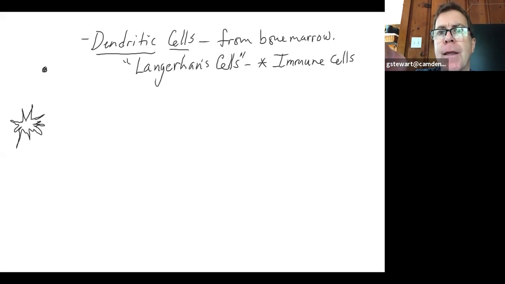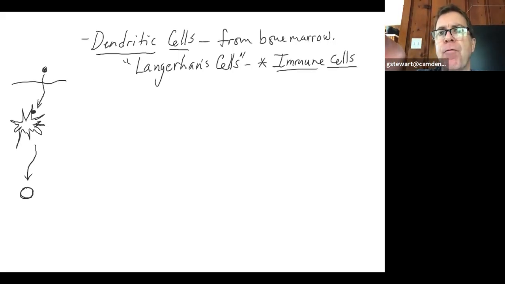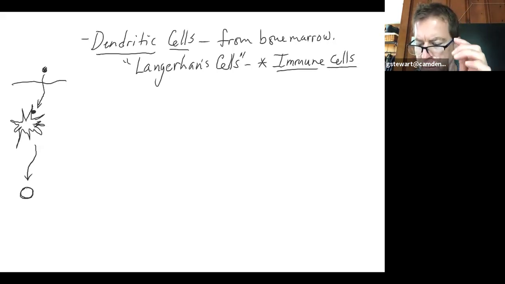So if this is a bad thing that has penetrated through the upper layers of our epidermis, it hits this dendritic cell, which captures it and transports it to our lymphatic system, like a lymph node, where it presents that bacteria to a lymphocyte, a T cell or a B cell, to destroy it, or to a macrophage. These immune cells are called antigen presenting cells because they capture these foreign microorganisms and then present them to a killer cell of our immune system.